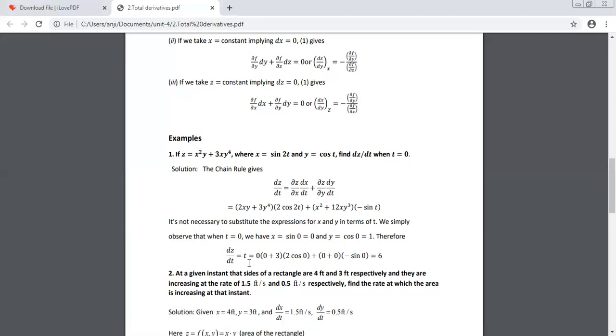So dz/dt at t equals 0: this first value is 0, plus 3 into 2 into cos 0, which is 2. So the total value is 6.